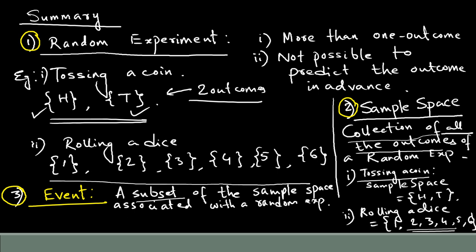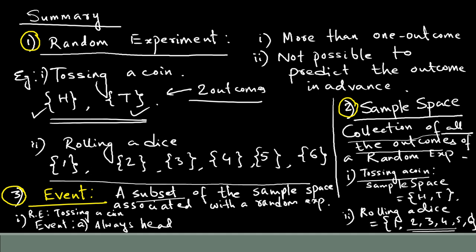So let's say for this example, tossing a coin, one event can be A, which is always head as the outcome.